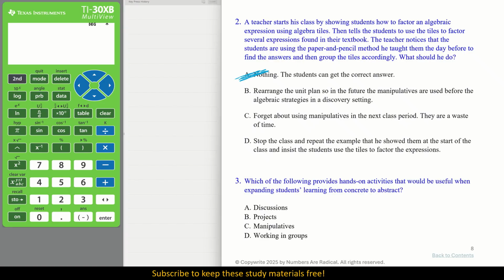Let's look at B. Rearrange the unit plan so in the future, the manipulatives are used before the algebraic strategies in a discovery setting. Now that I like, and that's kind of what I said. So I'm going to circle that for now. I like that one. Let's look at C.